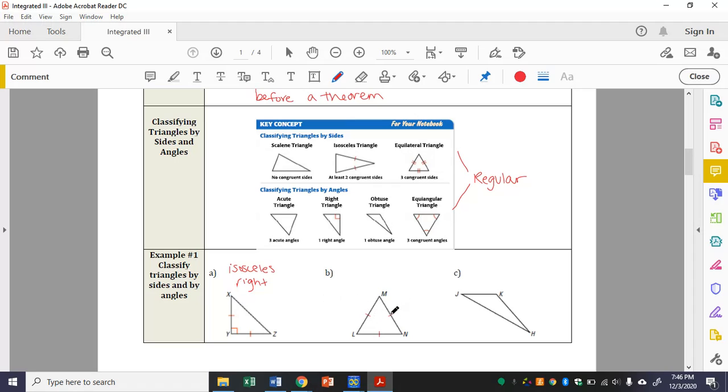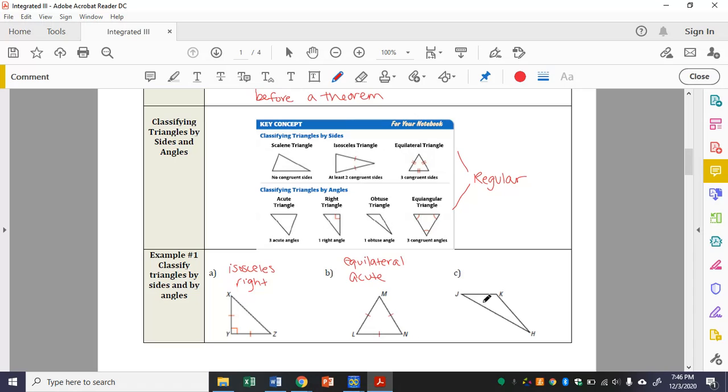On B, I have 3 tick marks on all of my sides, so I know all 3 of these sides are equal. So I have an equilateral triangle. I'm not given the specific measurements of these angles, but you can see in this triangle that all 3 of these angles are less than 90 degrees. These are all smaller than a right angle, so I'm going to call this an acute triangle as well.